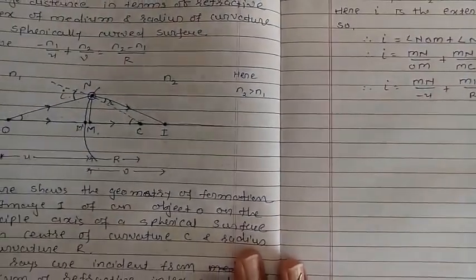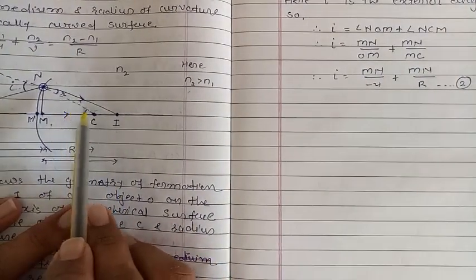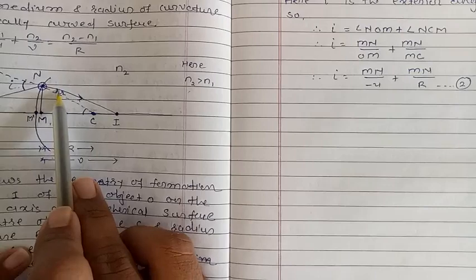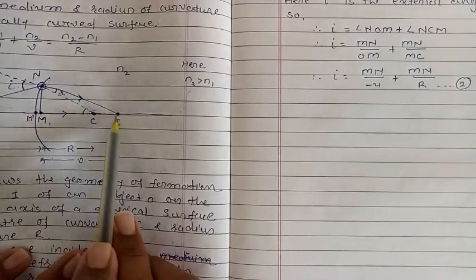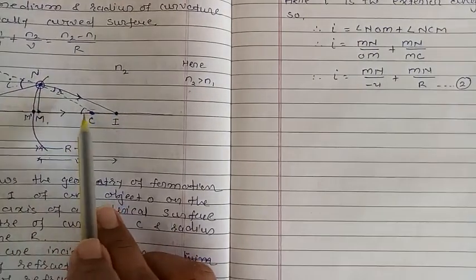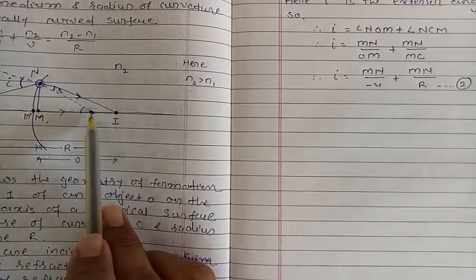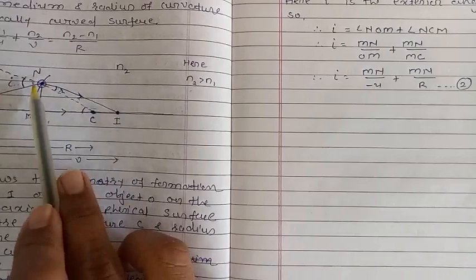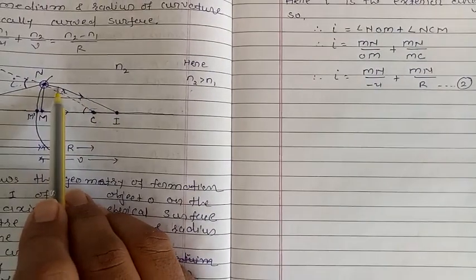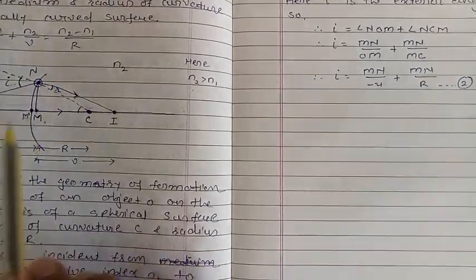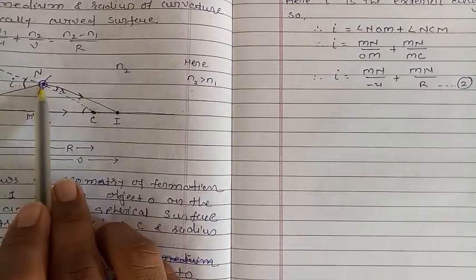So see this figure again. Here angle R, this angle, is angle CNI, or you can say INC. So whatever you see, you can write angle CNI or INC. Now here the angle R is angle CNI.